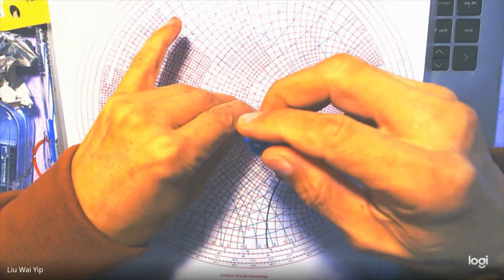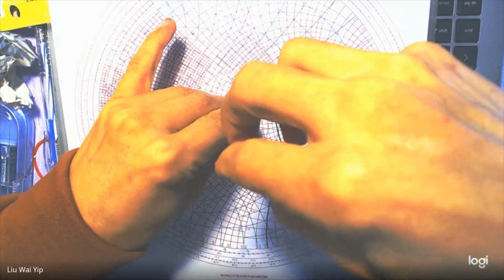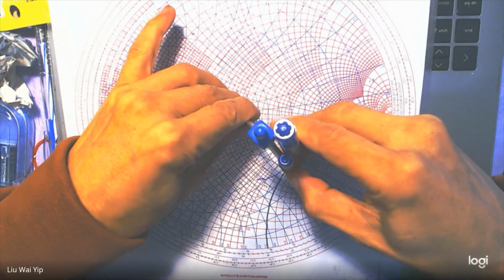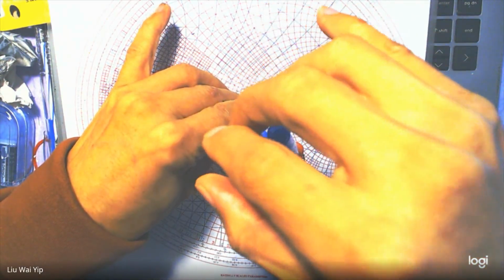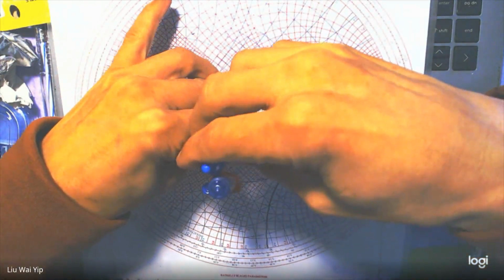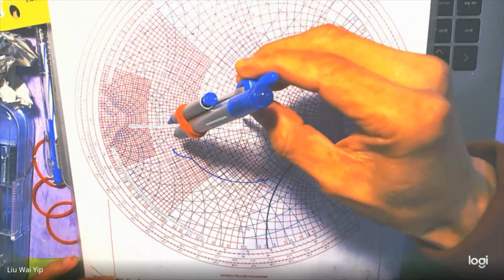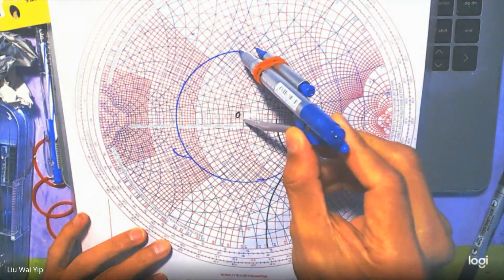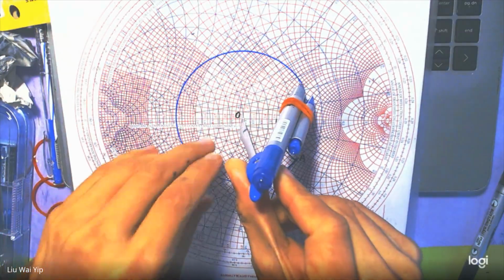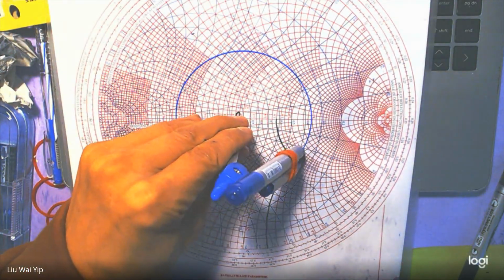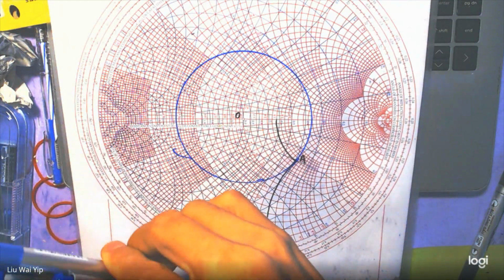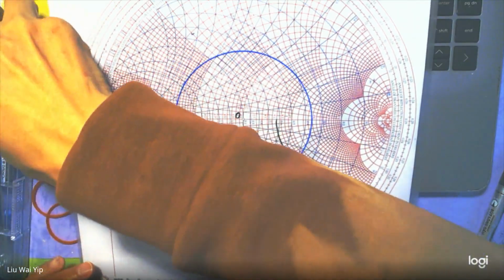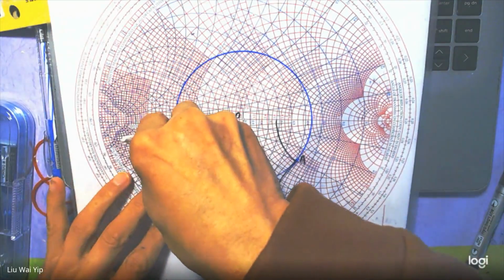Okay, done. So this is the constant SWR circle.